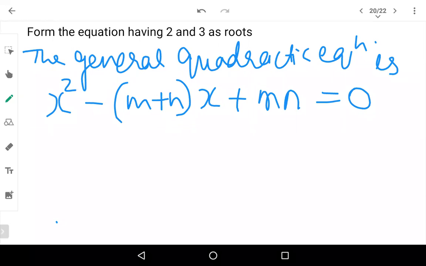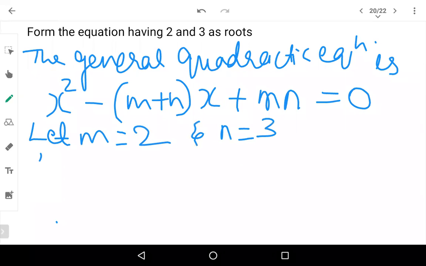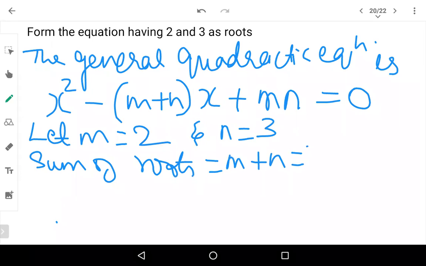Very good. So let m is equal to 2. You can take any number. m can be 3 also, no problem. And n is equal to 3. Sum of roots, m plus n is equal to 2 plus 3 is equal to 5.